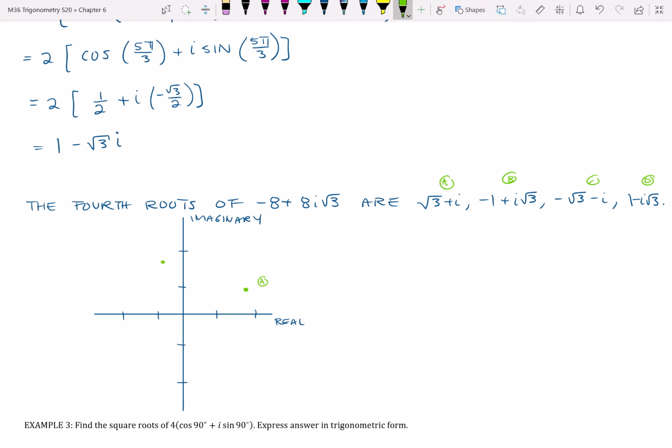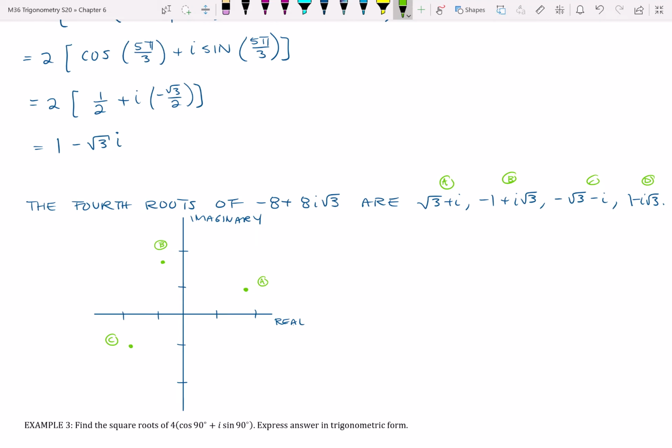And then negative square root of 3 minus I, real part is negative square root of 3, and imaginary part is -1, so that's somewhere right here. That's C. And then D is going to be 1 minus I square root of 3, so real part is 1, and imaginary part is negative square root of 3, so that's somewhere down here.